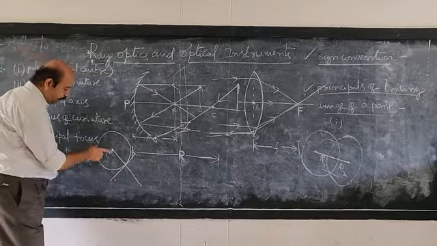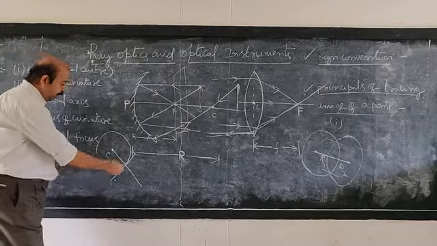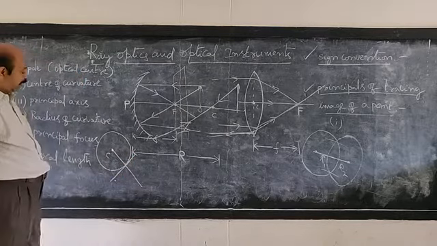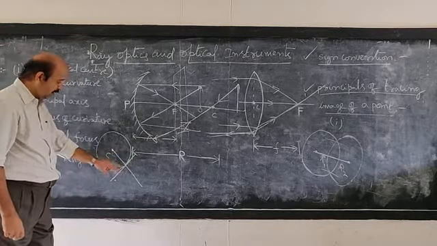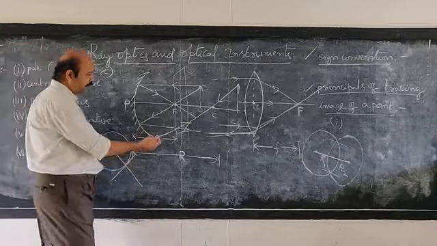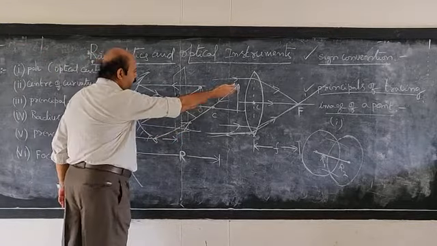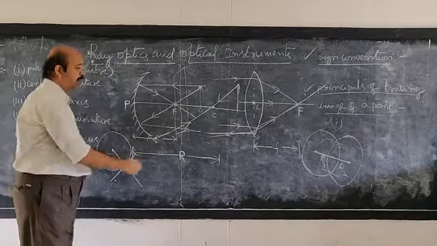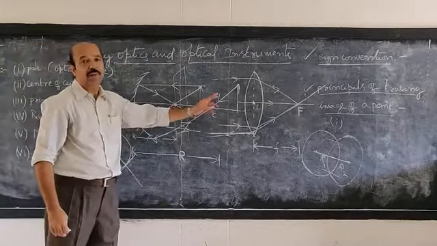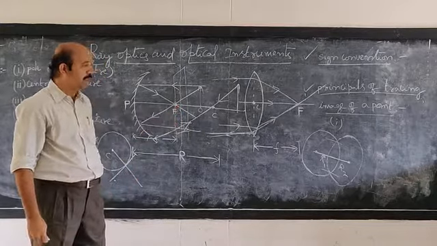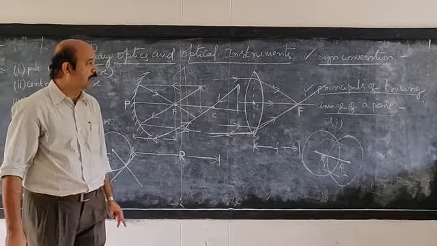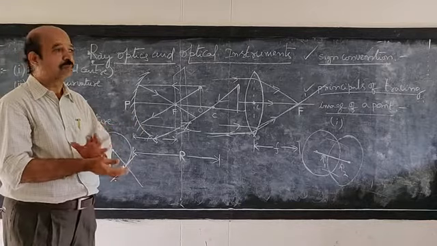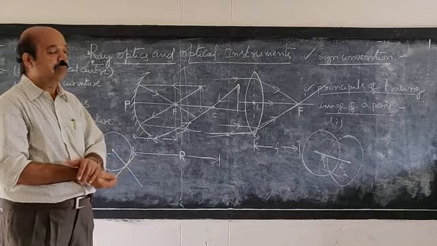Any line passing through the center of curvature will be perpendicular to the tangent drawn at the point on the surface of the circle or sphere. Hence, the rays coming through the center of curvature falling on the concave mirror after reflection will pass through the same point. So these are the important principles which we have to use to trace the image.